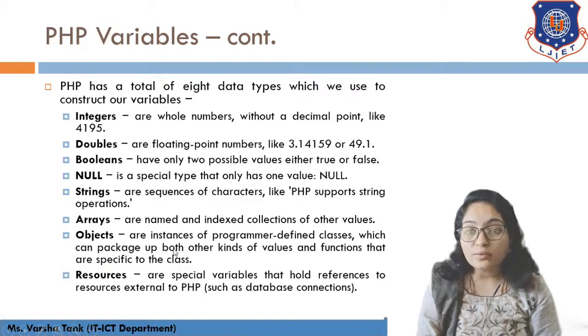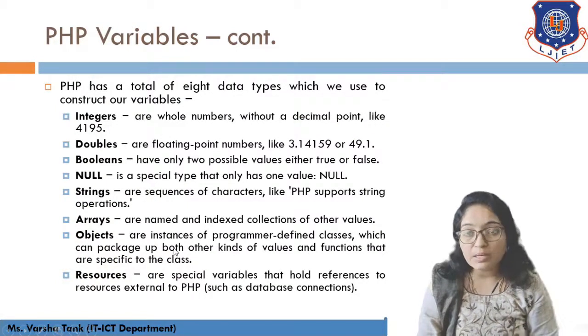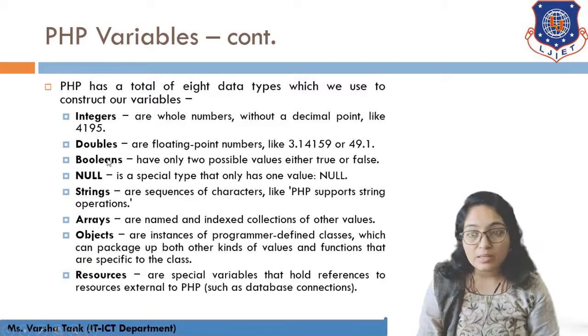Now, which are the different types available in PHP? Okay, so PHP has a total of 8 data types which we use to construct our variables. First is integer, where you can declare an integer variable without a decimal point. Then doubles, which are floating point numbers, like we have seen in the last slide.